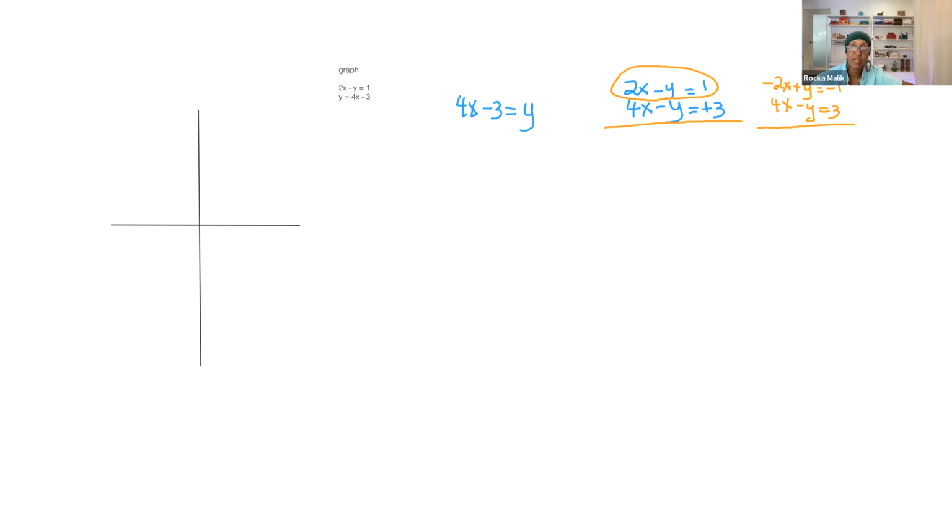So minus 2x plus 4x gives me 2x. Plus y minus y is gone. Equals -1 plus 3 is 2.